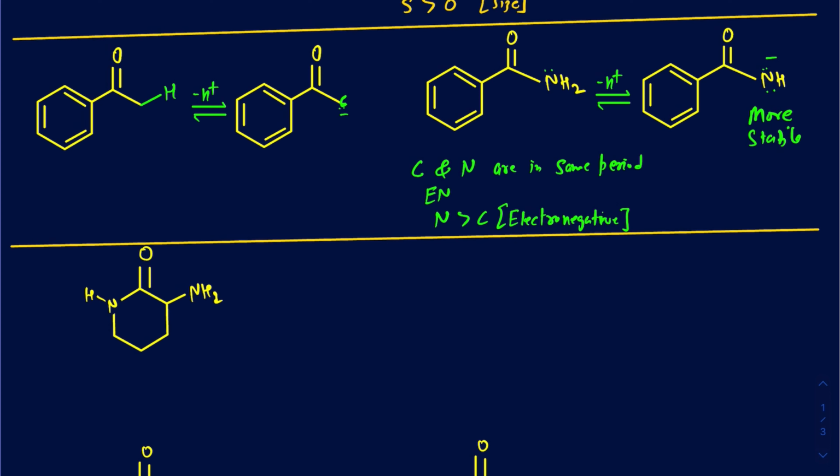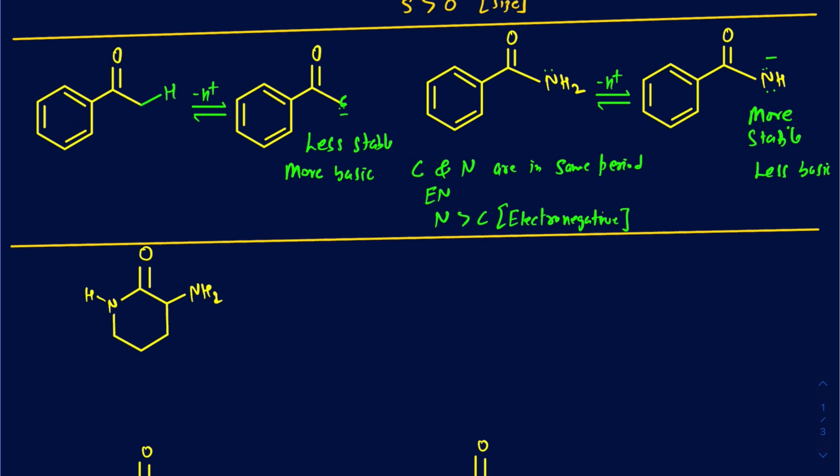If this is more stable, that also means it's less basic. So relatively speaking, the conjugate base on the left side, where the carbon is the one getting the negative charge, is going to be less stable. And if that's less stable, it's going to be, relatively speaking, more basic than the one on the right side.